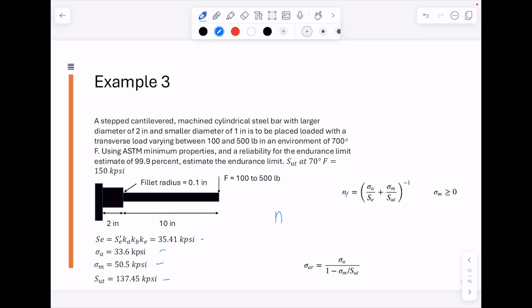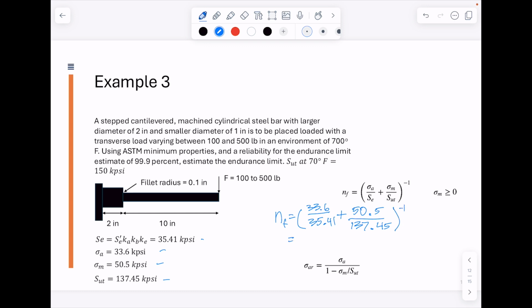So our fatigue factor of safety here is going to be equal to sigma A, so our alternating stress, 33.6, all over the endurance strength, which was 35.41, plus our mean stress, which was 50.5 kpsi, all over the ultimate strength, which was 137.45 kpsi.